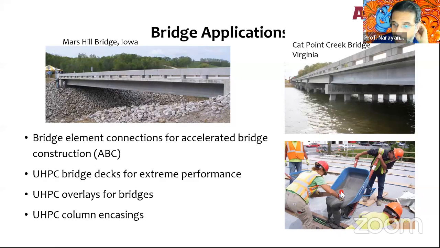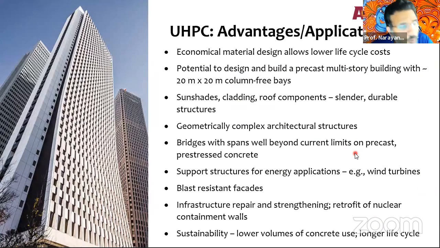This used to be done with steel deck connectors, but we know that steel has issues with corrosion. Now if you can get a concrete that performs very similar to steel, you don't have the incompatibility issues between the decks or the girder and the T-bulb and all of that, and you get a much better performance. So this has been one of the newer applications of UHPC. So a few more points along those lines.